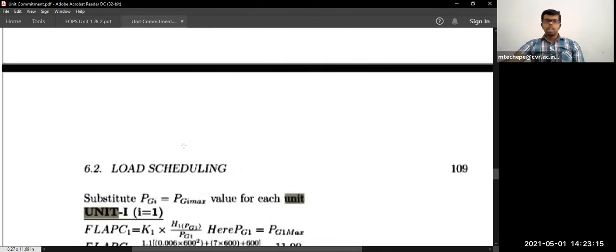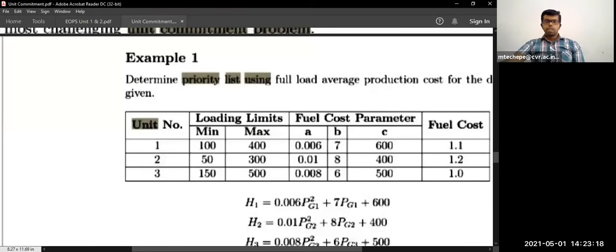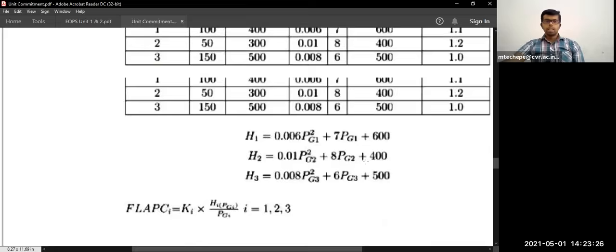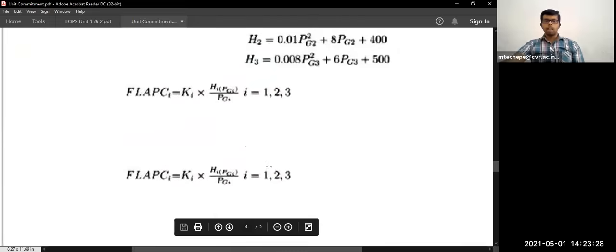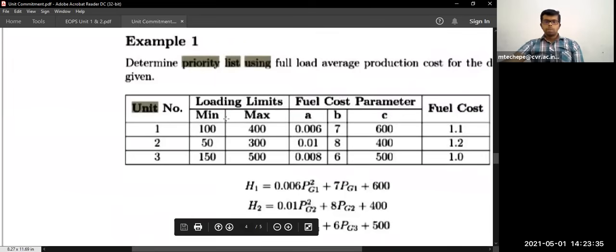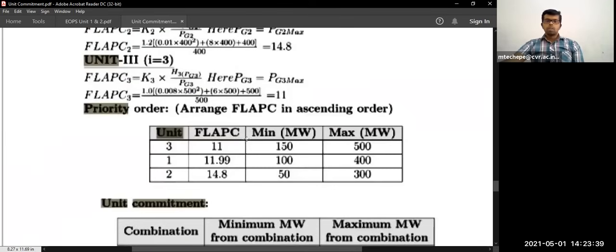So unit number 3 is 150 to 500 megawatt, unit number 1 is 100 to 400 megawatt, and unit number 2 is 50 to 300 megawatt. Like that, you have to write. This is the priority order.